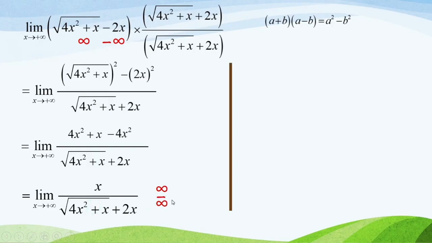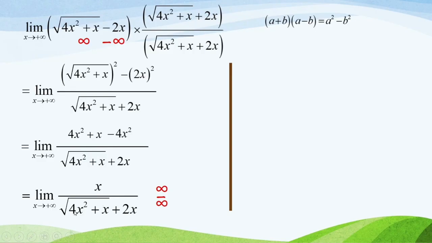So when the answer is infinity over infinity, we must divide this limit by the highest power of the denominator, and the highest power of the denominator is x squared, but x squared is inside the square root, so we must consider what we're going to divide.